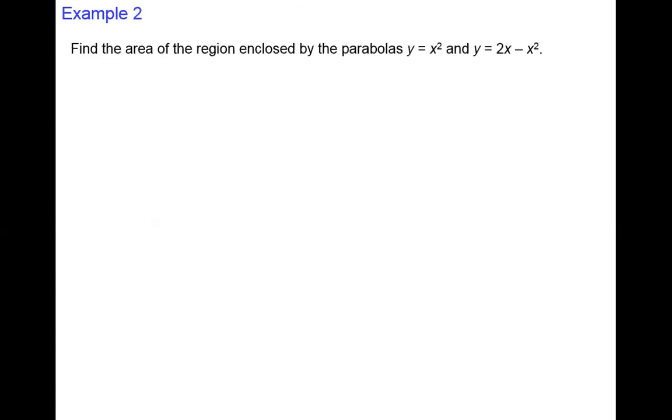If it's missing, probably it's not a mistake, it's just extra work for us. We can draw the parabolas, but we don't know their position, whether x squared is above or 2x minus x squared is above. That's when we have to find the points of intersection of these two curves.